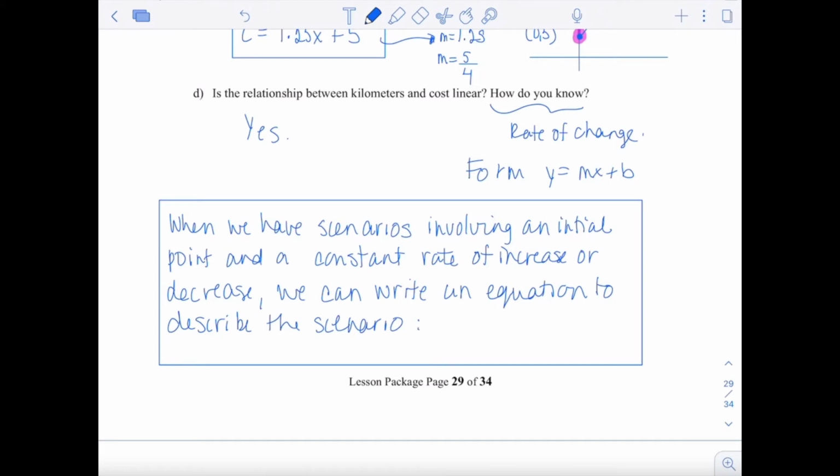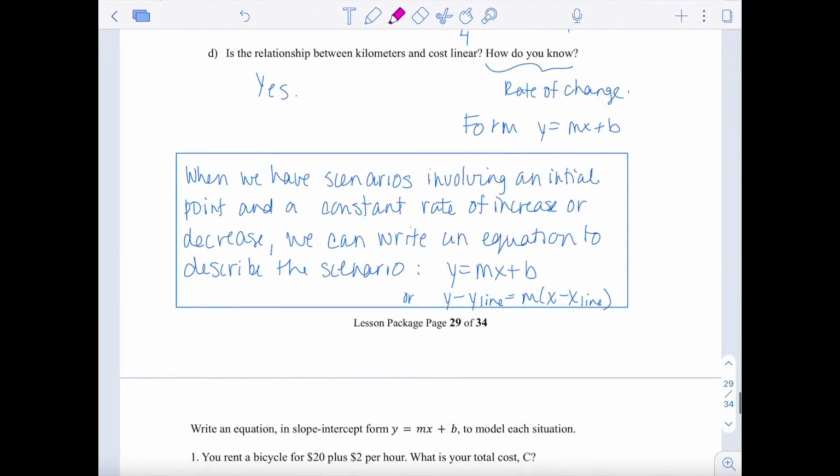And it has the form y equals mx plus b. We can also use y minus y1. Okay, but in the y equals mx plus b form, I know that b is my initial value. Okay, that's my initial value. And m is going to be my rate of change, rate of increase or decrease.